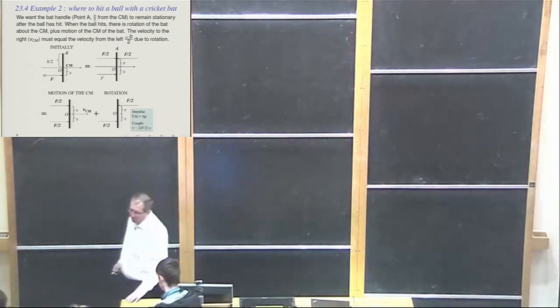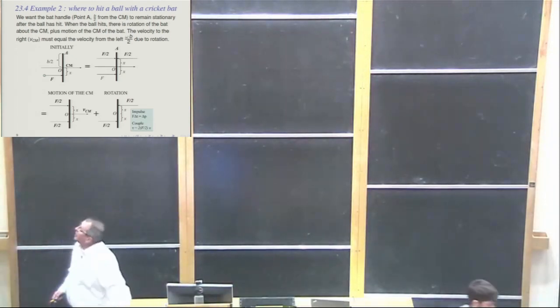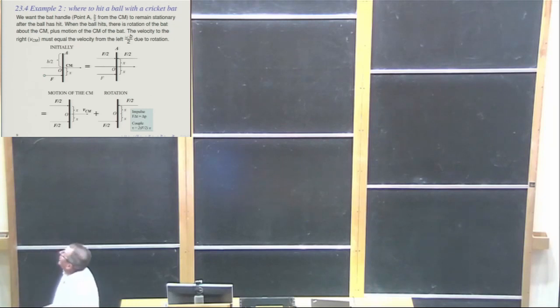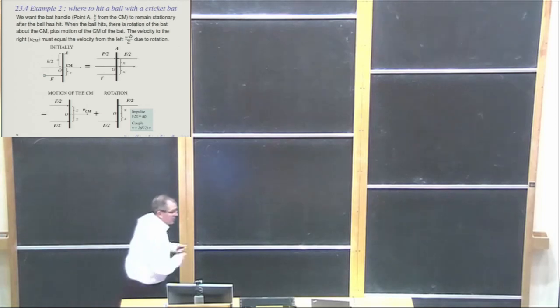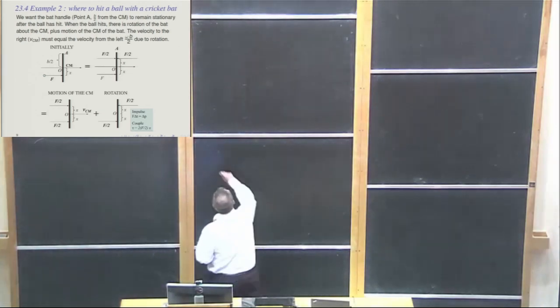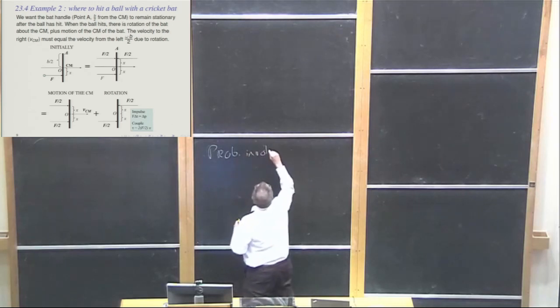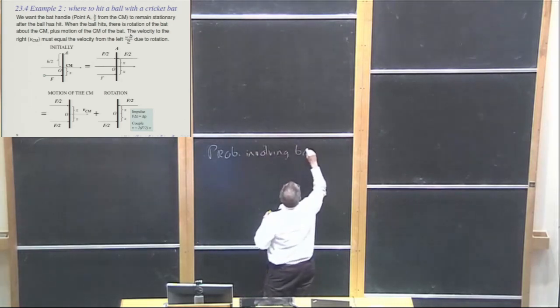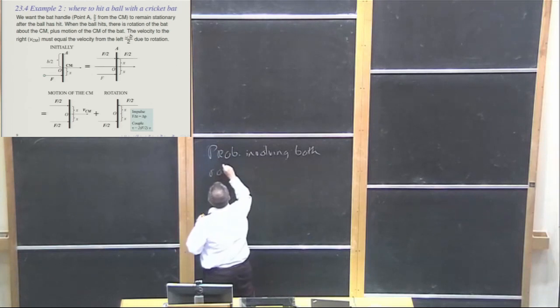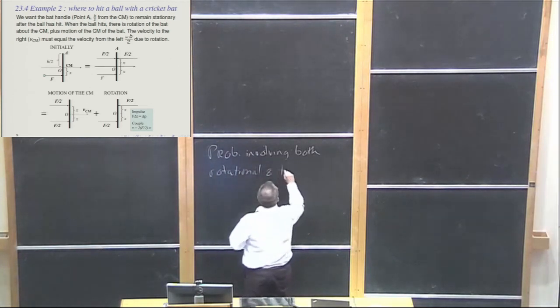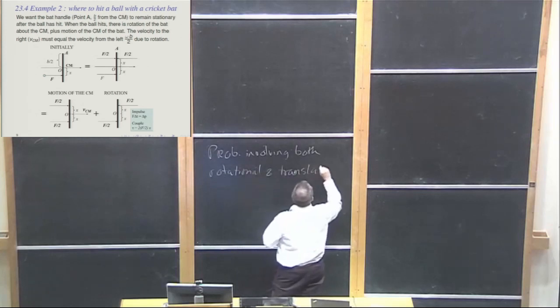So we're going to finish our discussion of rotational motion today by considering two final examples. The first one is just a demonstration of a problem involving both rotational and translational motion.